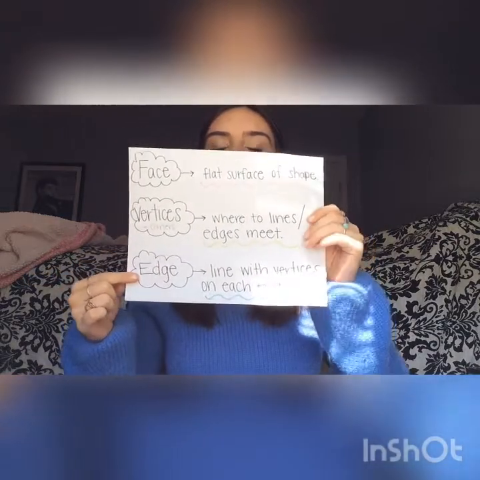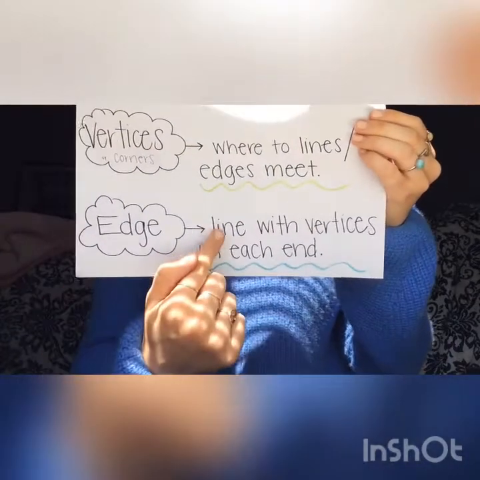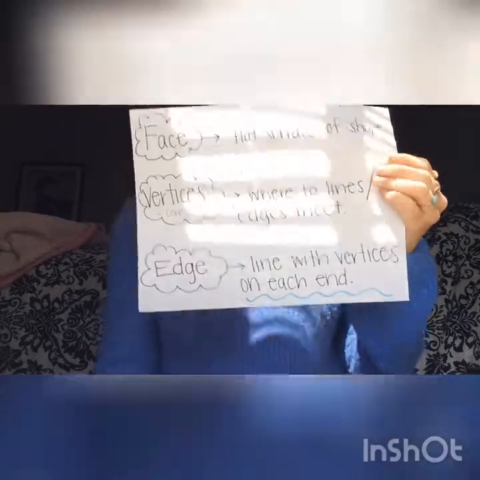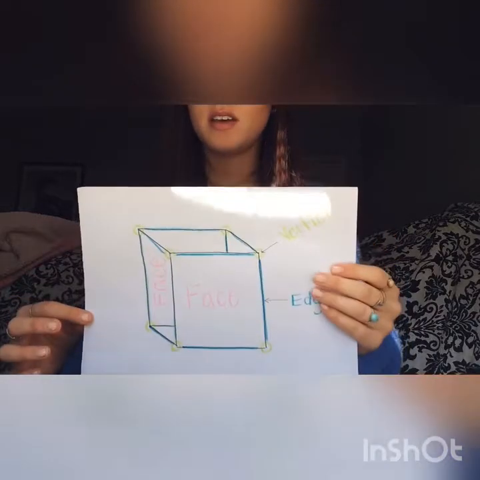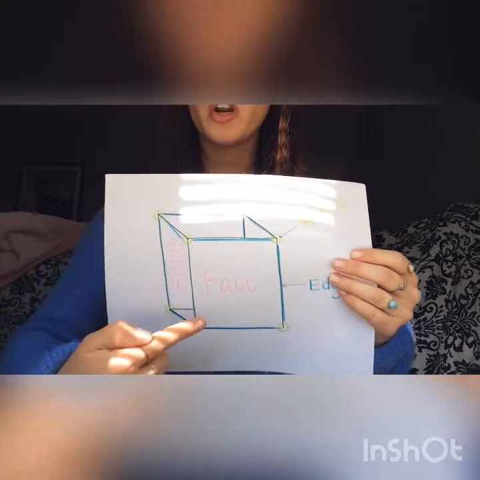The very last thing you're looking at on that chart is the edges. And an edge on a shape is the line where the vertices are on each end. So if we were to look at like a cube, this is an easier way to see those edges. But if you look at a cube, there's all those vertices or all those corners.